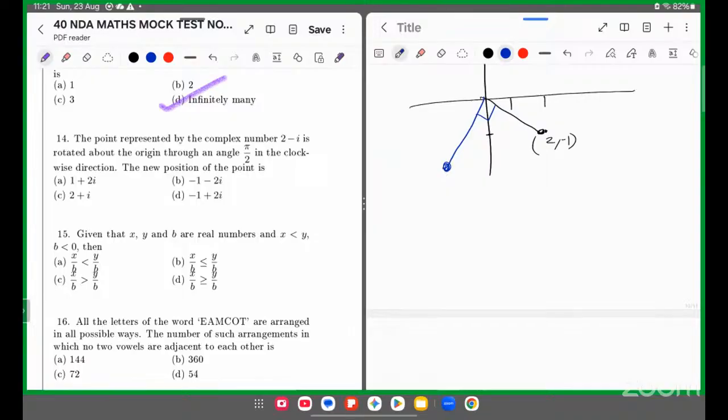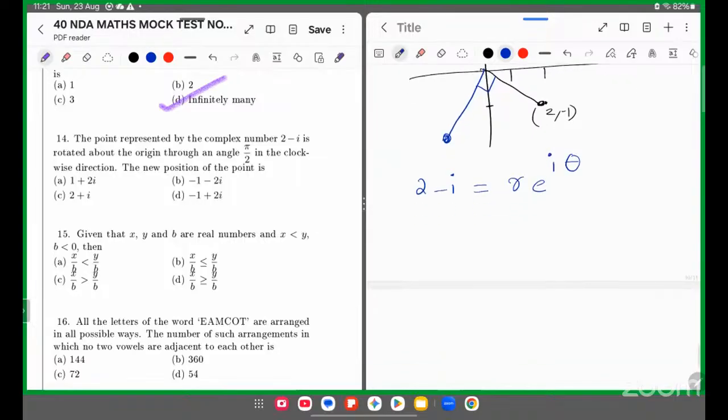That means, for example, 2 minus iota is equal to r into e raised to iota theta. So if you rotate, since this angle is theta, I have to consider the principal argument. So e raised to minus iota theta.